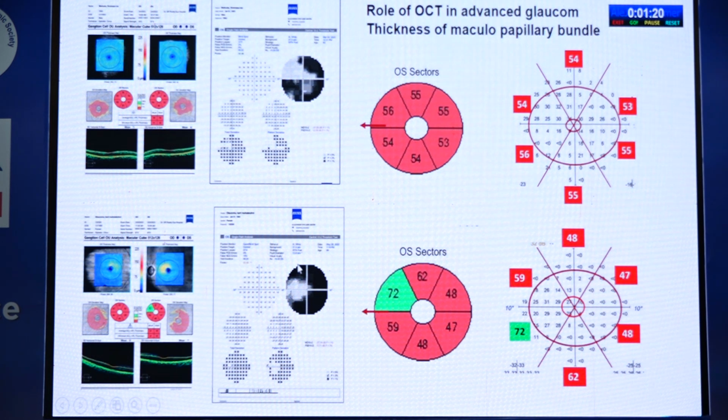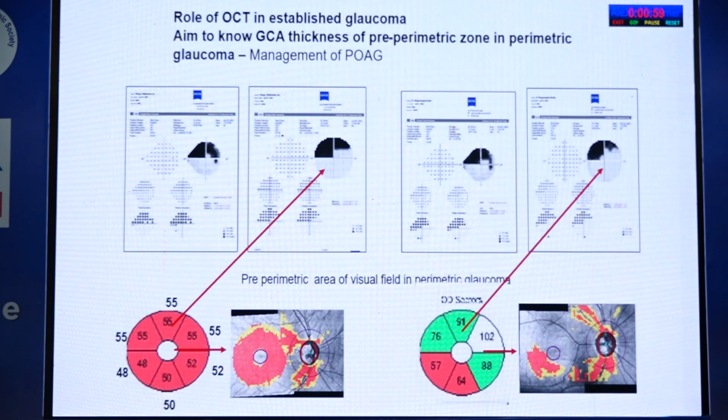While here, though the visual field is worse than this, the patient is much more resistant to developing a defect in the GCC. So what is very important is that even though visual fields show you very similar large scotomas, unless you do a GCC, you cannot tell how severe the thinning has gone.